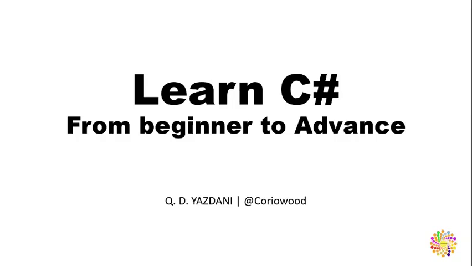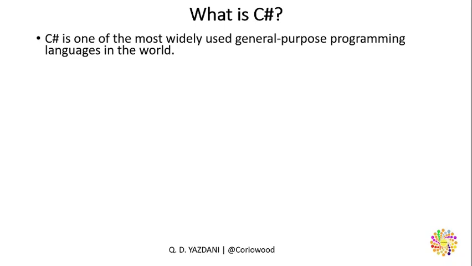We're gonna see what C Sharp is. Alright, so we begin with the introduction to C Sharp. We're going to see what actually C Sharp is. So what is C Sharp? We have a C here and we have a hash here. If you're a total beginner and you haven't seen this before, you have seen C or C++, you might be wondering why there is a C here and a hash here.